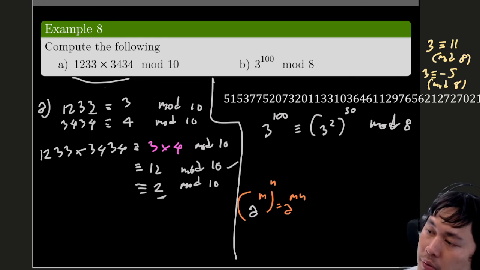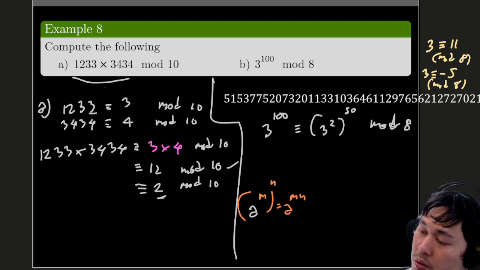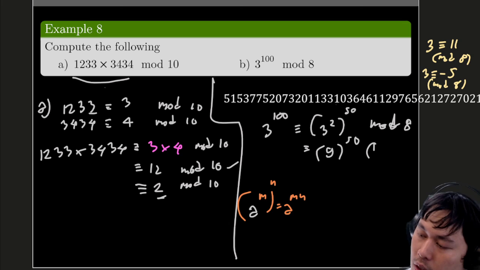So that's what we have here: 3 squared and then to the power of 50. These two are the same number. And 3 squared is 9, so it's 9 to the power of 50, mod 8.